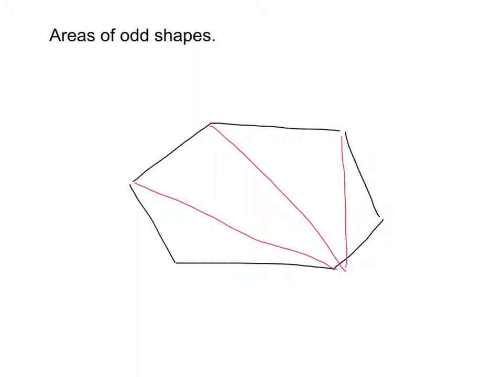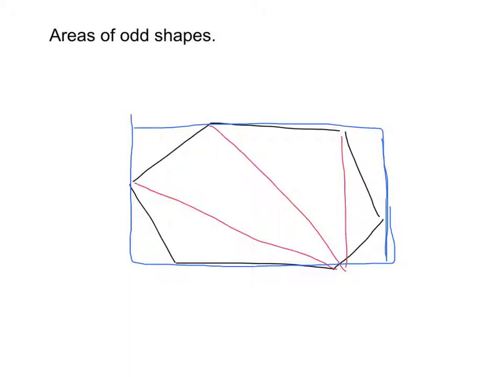And another way to do it is to take your shape and put it inside of a more standard shape, say like a rectangle, and then find the area of your rectangle and take away the pieces that aren't there.